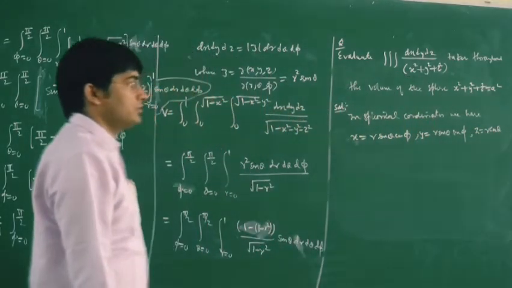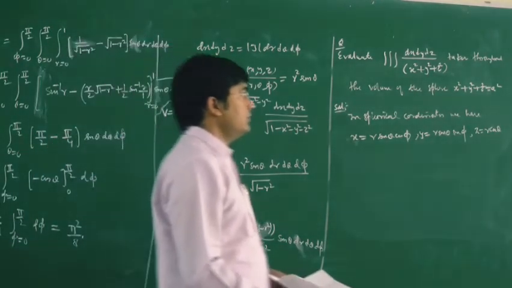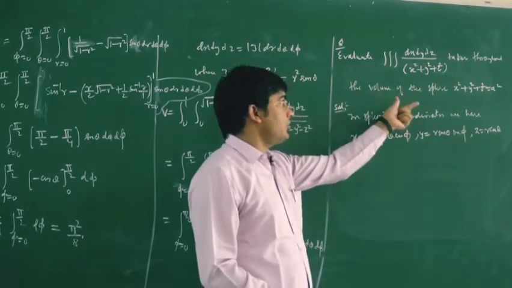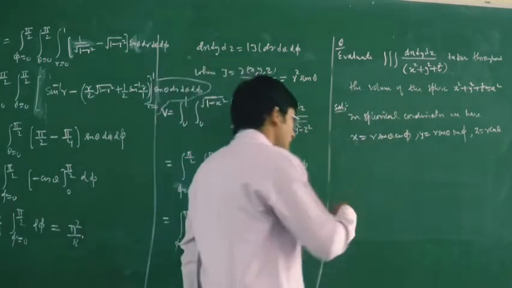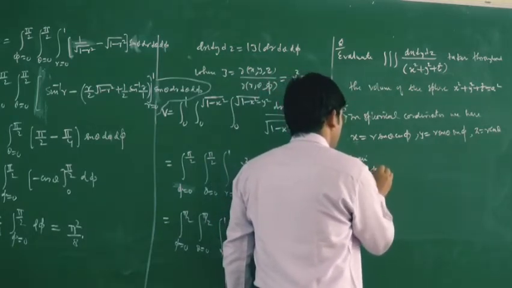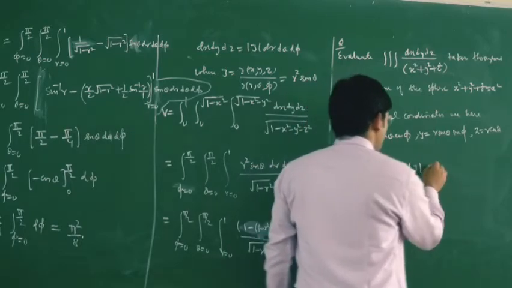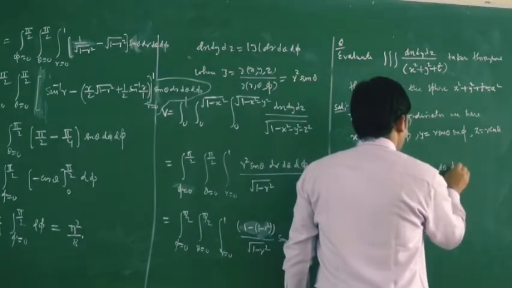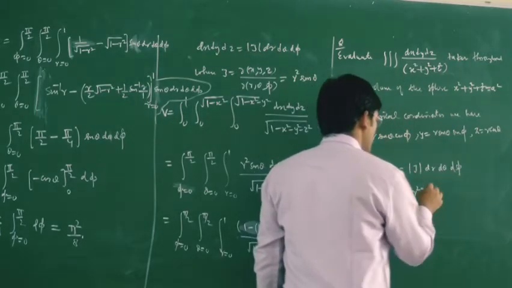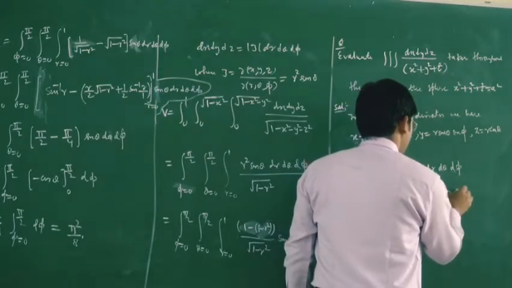Now, as you have to evaluate the triple integral throughout the volume of the sphere, in this case again, dx, dy, dz will be equal to mod j, then dr, d theta, d phi. Again, mod j means the Jacobian of x, y, z with respect to r, theta, phi, and this is equal to r square sin theta.